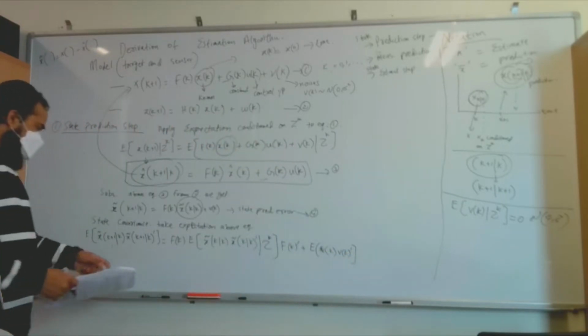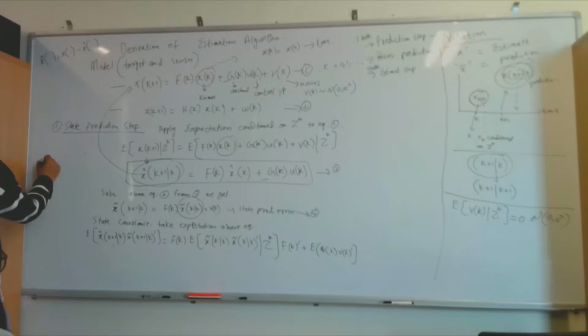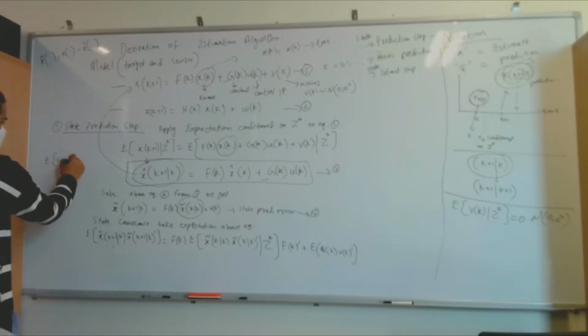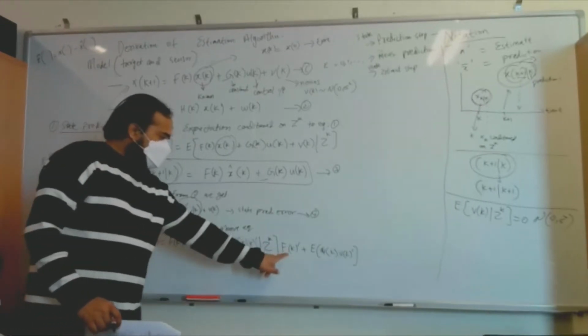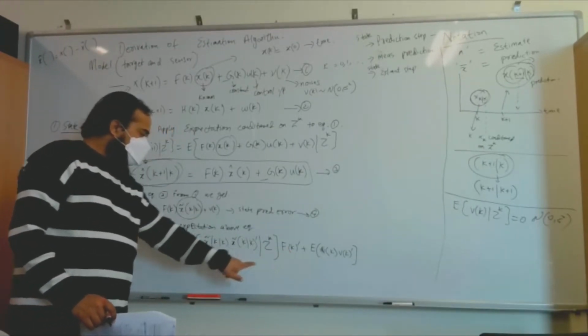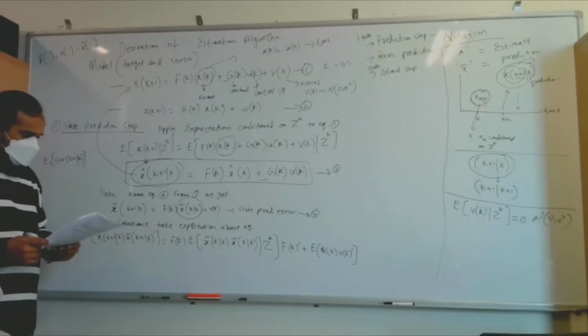We are taking the transpose here because we are calculating the covariance, expression of covariance of K plus 1. So here, why do we take the transpose of F? Because this X is orthogonal.